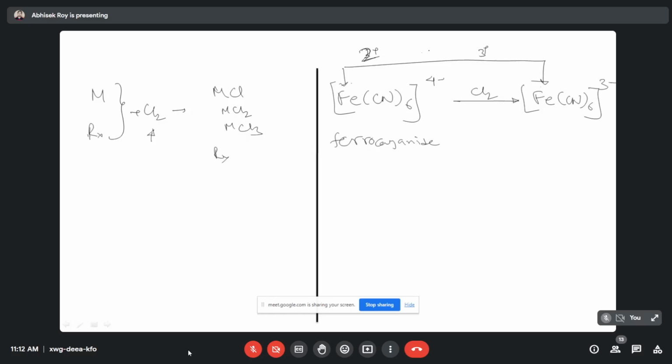Iron is oxidized only. Now, once it is converted to ferricyanide, any further destruction by chlorine is ineffective. If you add further chlorine, it will be ineffective. For nickel, an excess dose of chlorine of approximately 20% you have to add. Those will be the amounts you have to add.